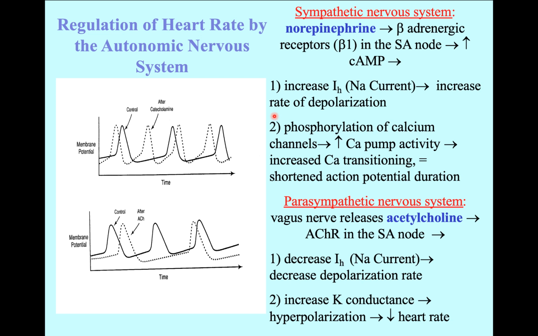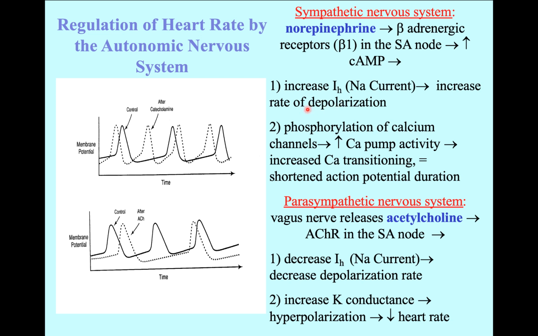The second thing that high cAMP does, if you recall from, I know it was the first exam, we know that cAMP can activate kinases. What is the job of a kinase? It is to phosphorylate things. So, as cAMP goes up, the amount of protein kinases you have go up.